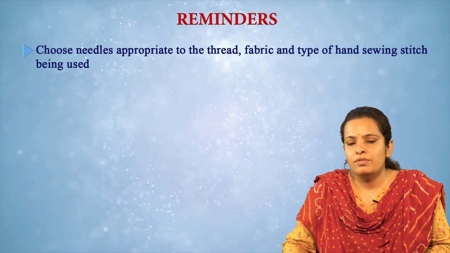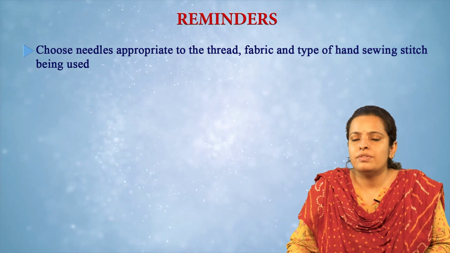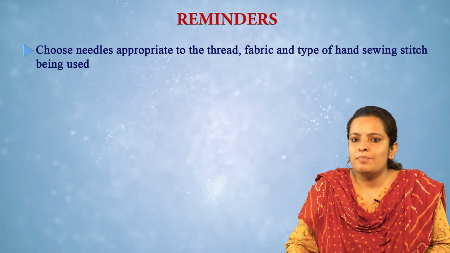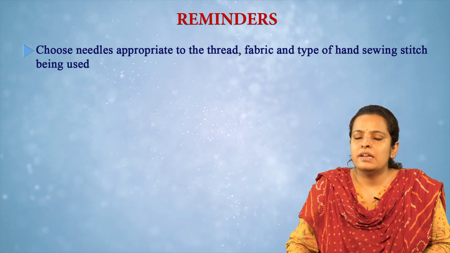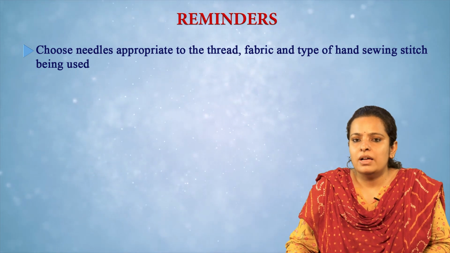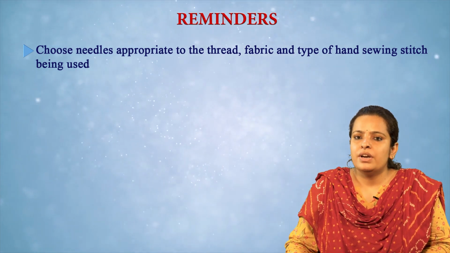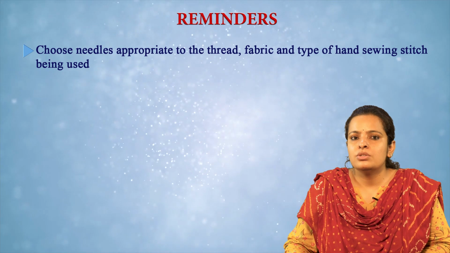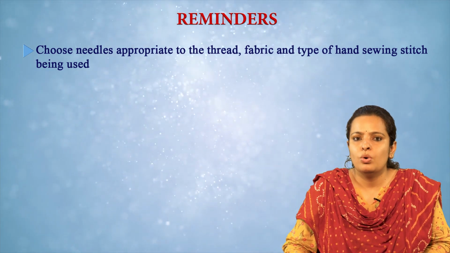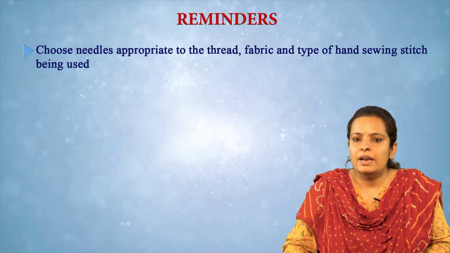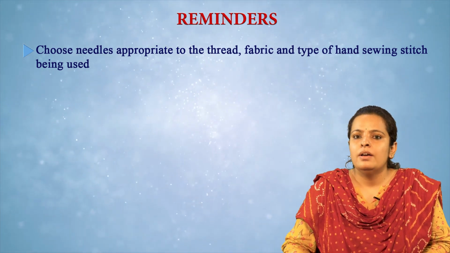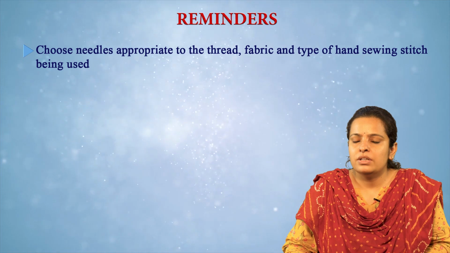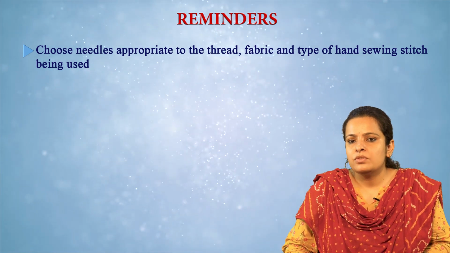For doing embroidery on the fabric, we need different needles and thread, and for running stitch or basting stitch, we need different types of thread and needle. So it is very important to know which needle and thread are appropriate for your fabric.